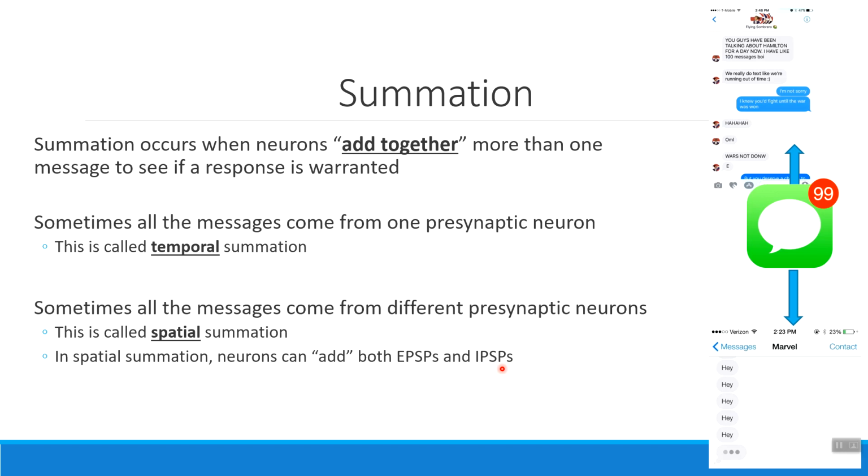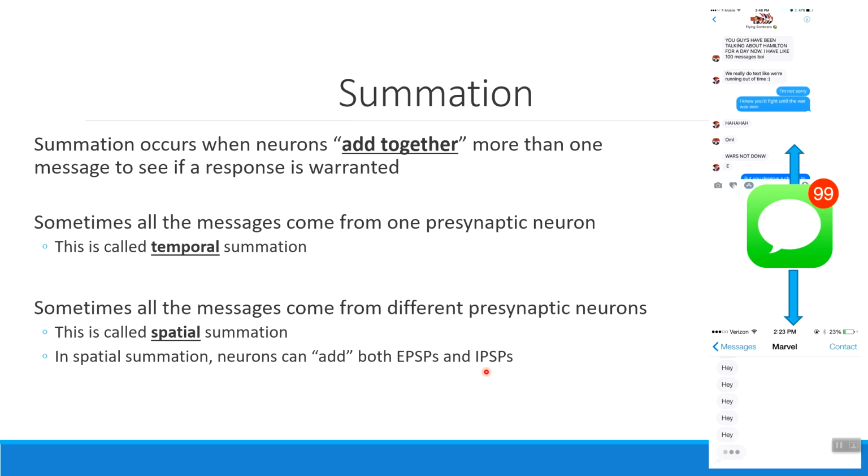Neurons can only ever send one kind of message to their neighbors. Either I'm a neuron that sends excitatory messages and makes my neighbors get excited, their membrane charge goes up. Or I'm an inhibitory neuron. All of the messages that I send make my neighbor's membrane charge go down.